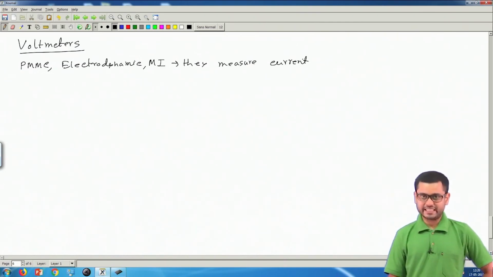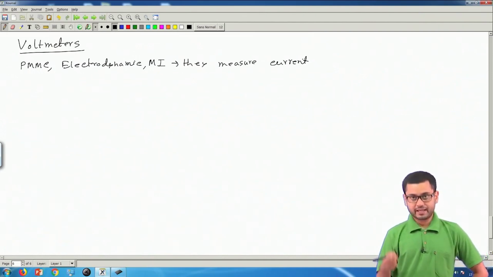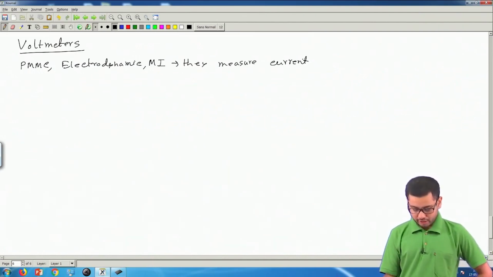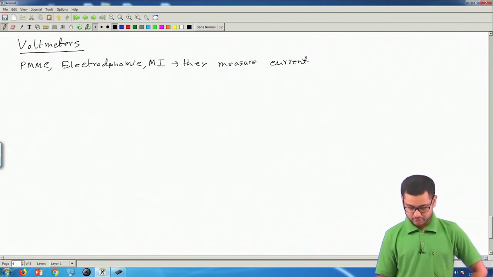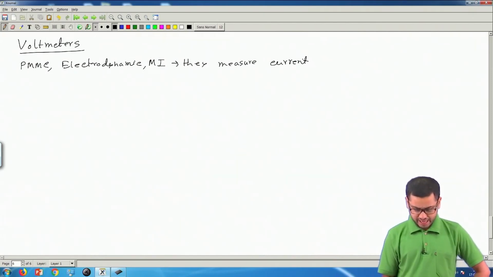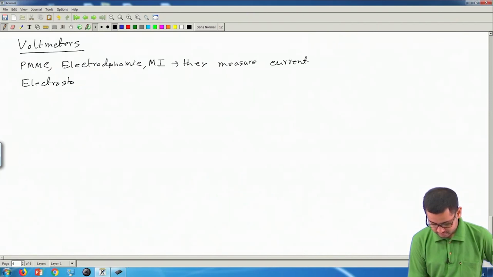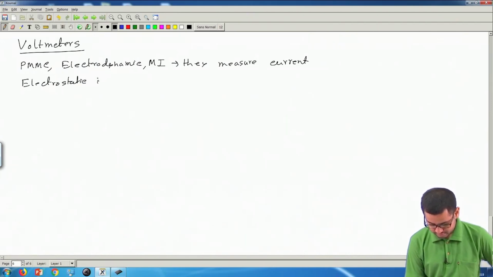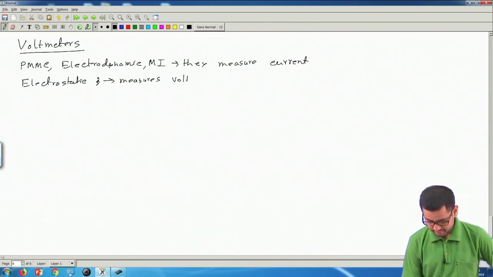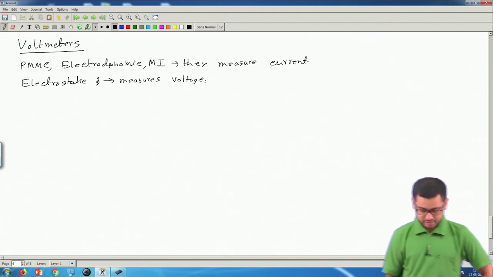They measure current directly, in a sense that if we apply a current across the coils of these meters, the pointer is deflected. An electrostatic instrument measures voltage.